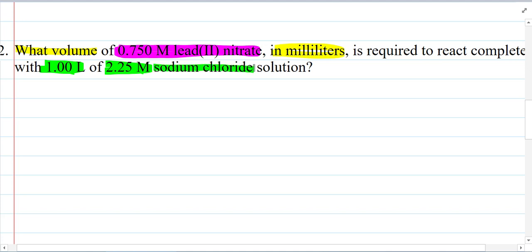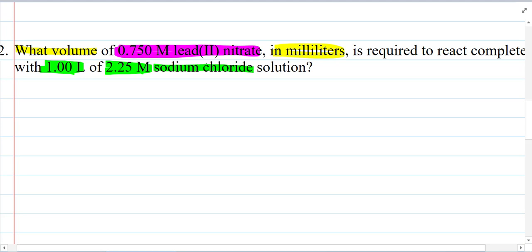Okay, what's the hardest part now? What do you think? It's coming up with the balanced chemical formula. That's the hardest part for everyone. It's not going to be the math here. The hardest part is, what are my chemical formulas?